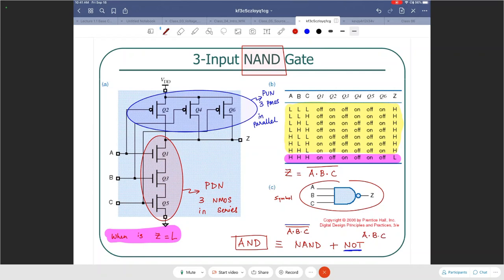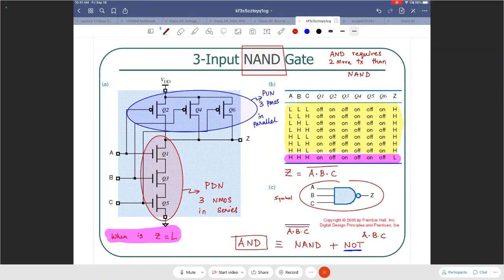Another way of looking at it is AND actually requires 2 more transistors than NAND. So NAND gates are actually cheaper than AND because you are putting a NOT gate in front of it. And in the previous class, we talked about how to do that, right?